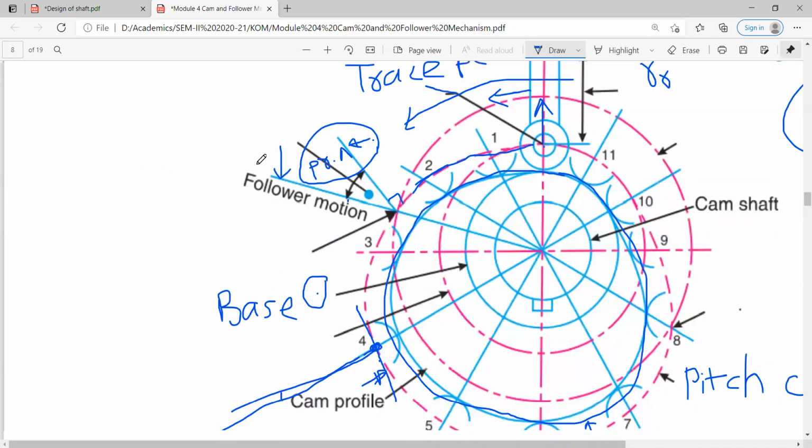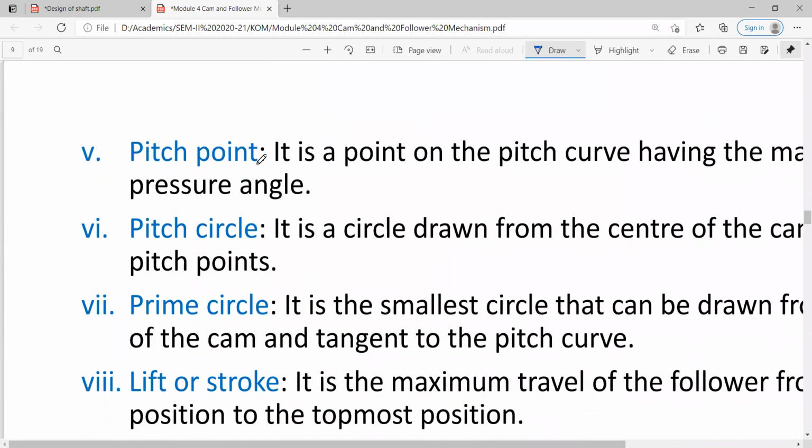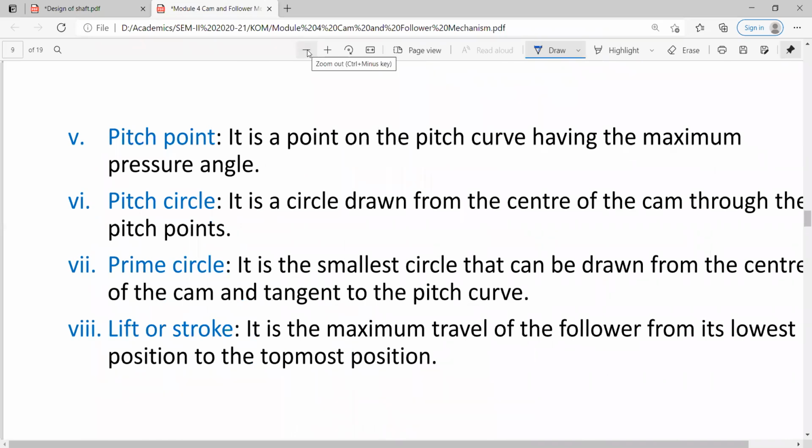Next term is your pitch point. What is it? It is a point on the pitch curve where the pressure angle is maximum.